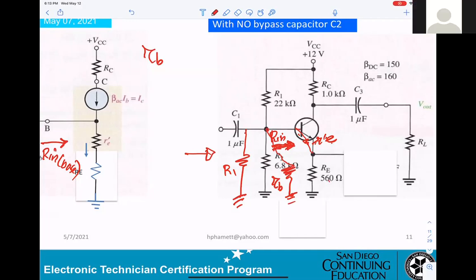R base. R base, correct. But that will be telling you the resistance measured from the base to the root. You see that? They do not show up. But from the base to the root, you also make sure you get the resistance. That's what they call RB.